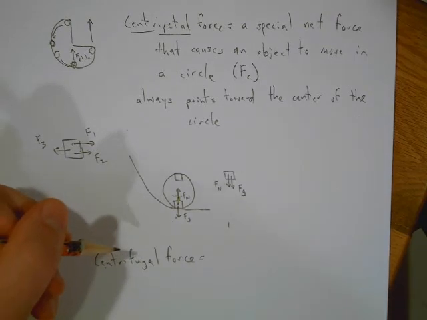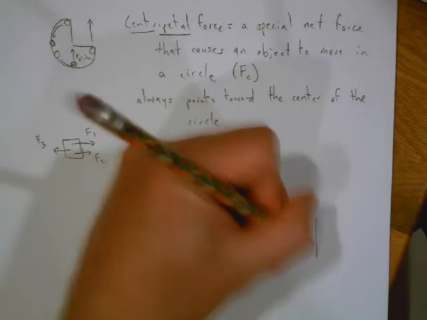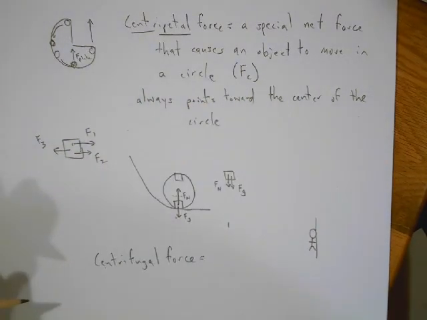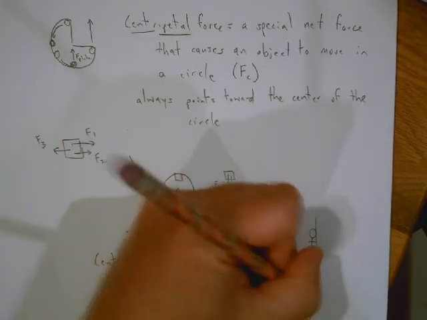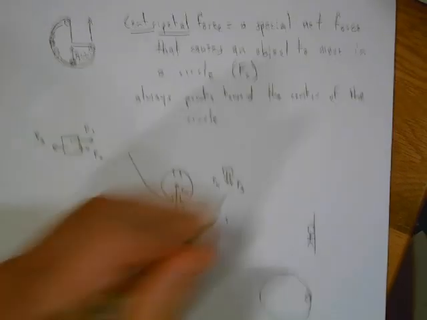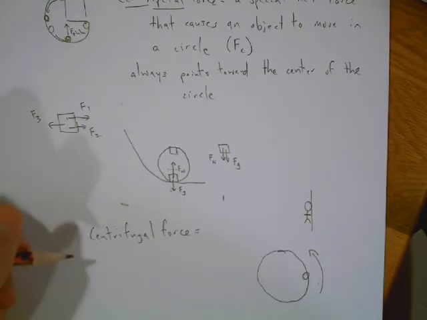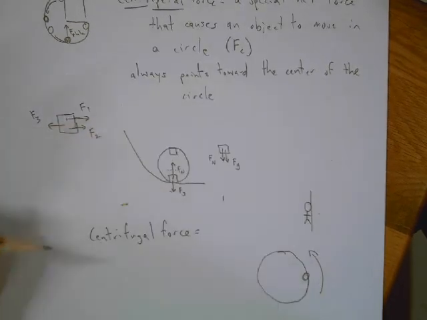A lot of times, if you've ever been on the Gravitron, where you get stuck to the wall, you're spinning around. This is a side view of it. If you wanted to do a top view of it, there's you, and this thing is spinning around, and you get stuck to the wall. Well, if you've ever been on the Gravitron, it truly feels to you like there is something pushing you outward.